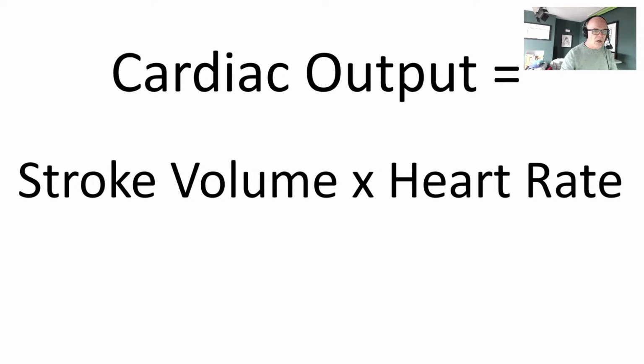So let's say our heart rate is 70 beats per minute. Okay? Standard heart rate for a healthy adult. I know a lot of our patients are going to be tachycardic, but it makes my maths easier as well. And the normal stroke volume. So what is stroke volume? Stroke volume is the amount of blood that is ejected from the heart, from the left ventricle, every time it contracts.